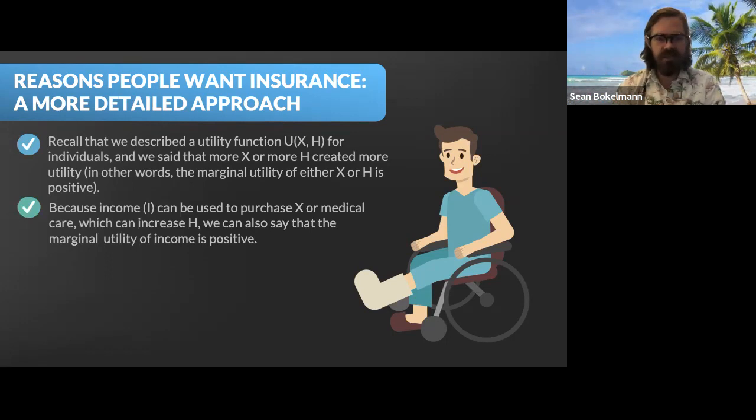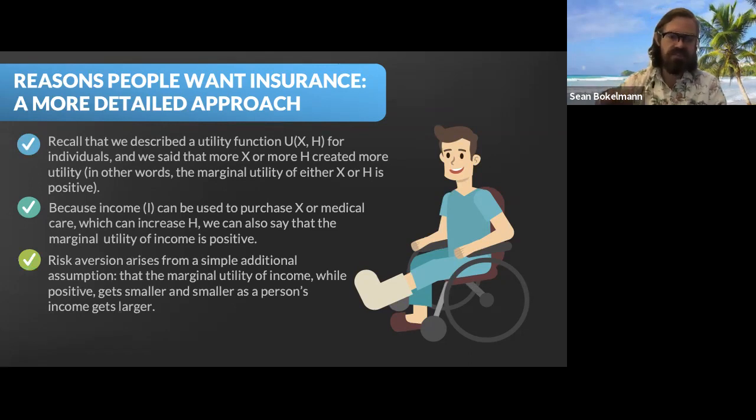And since income can be used to purchase X or medical care, right, which is increasing H, we can basically say also that the marginal utility of income is positive as well, right? Because it can be used to buy these things that themselves have positive marginal utility.